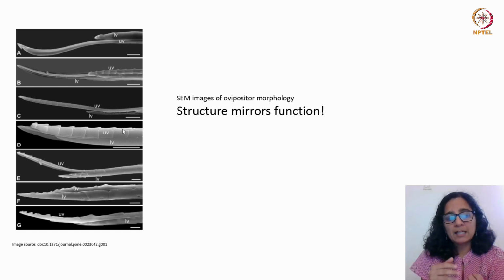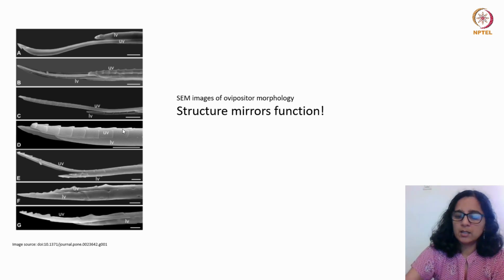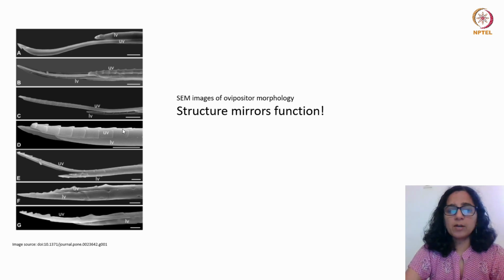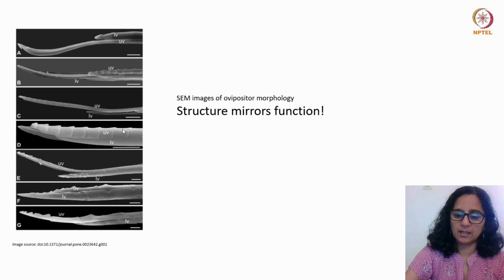So basically, the female wasp's ovipositor structure mirrors what it needs to function, the task it needs to perform. You'll see more about this in class, which Shravanti talks about.